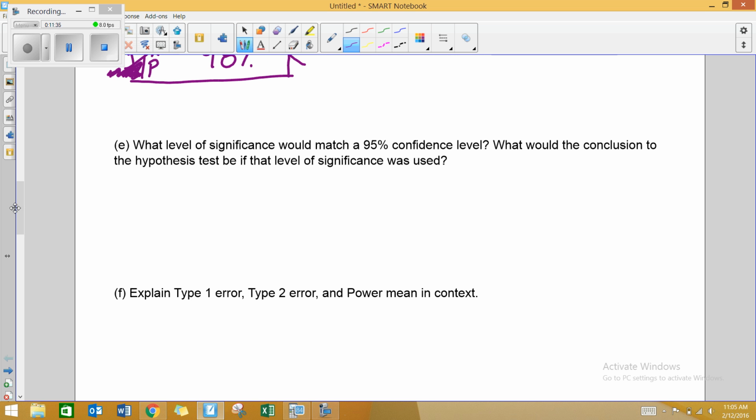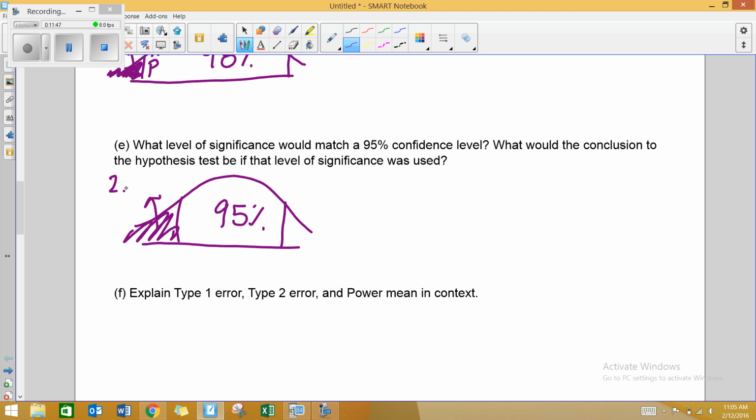What level of significance would match a 95% confidence level? Well, since this is one tail, we're again only looking over here, that would be a 2.5% significance level. So alpha equals 0.025 or 2.5%.